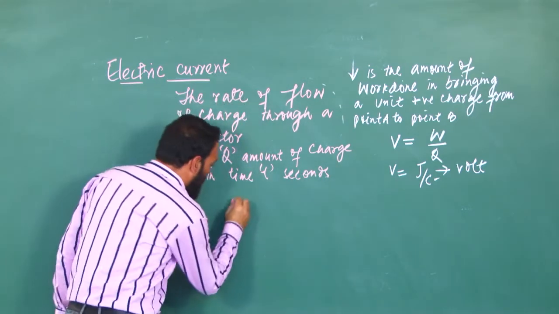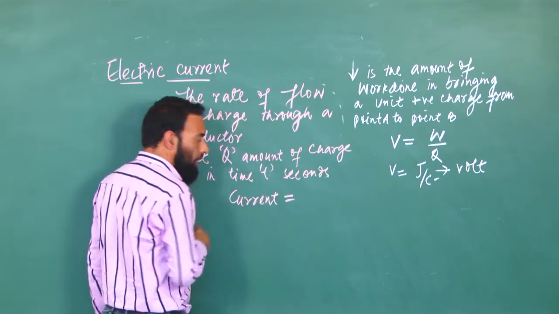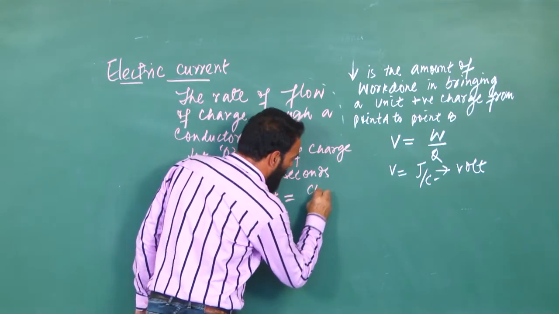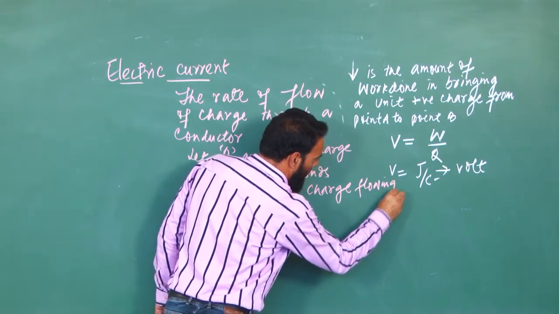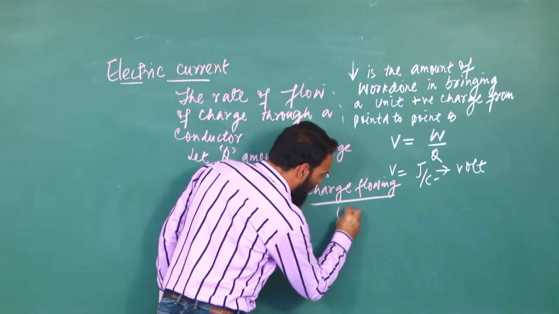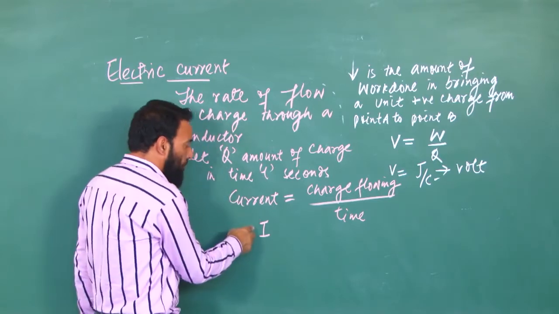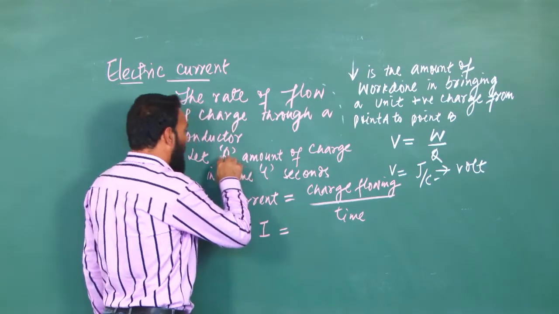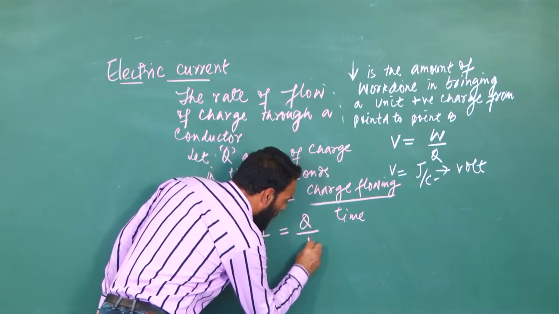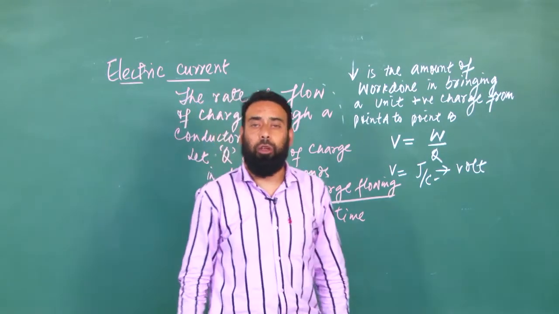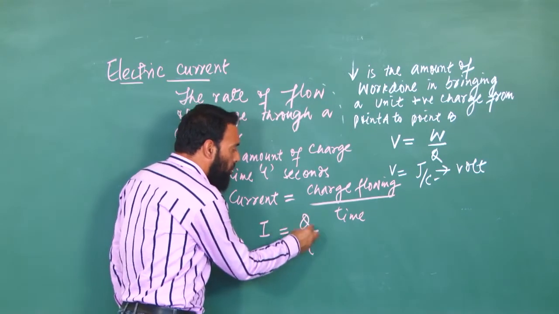Then the electric current will be equal to the charge flowing divided by time. So current, represented by I, is equal to the amount of charge flowing through the conductor, that is Q, divided by T, where Q is the amount of charge flowing through a conductor and T is the time taken to flow that charge. So I is equal to Q divided by T.